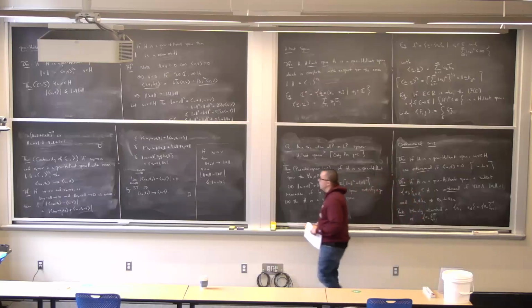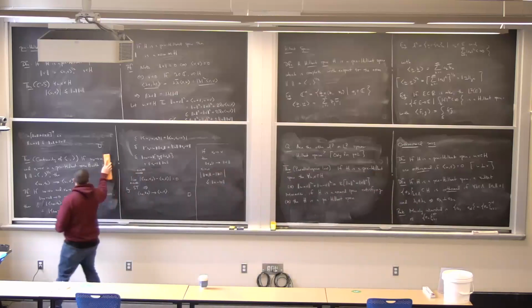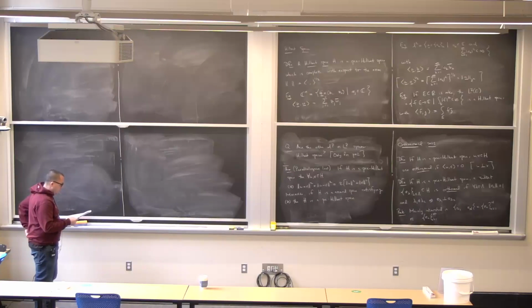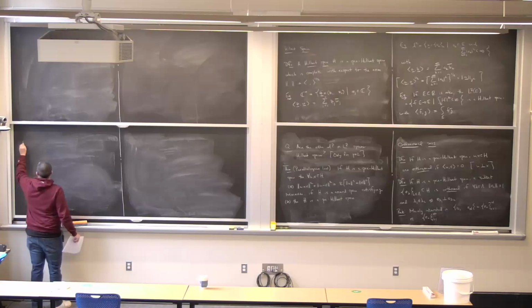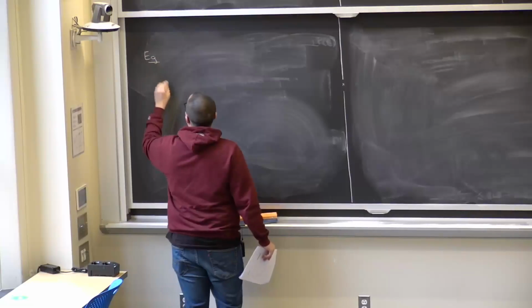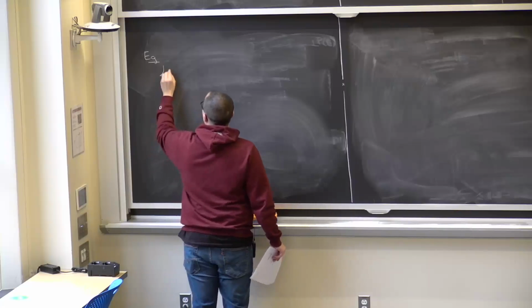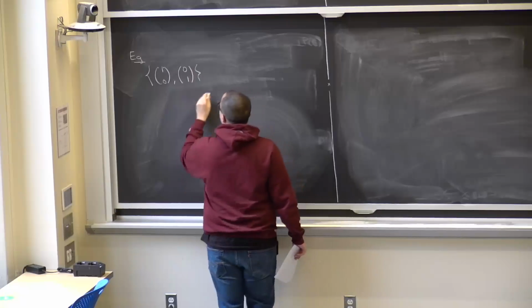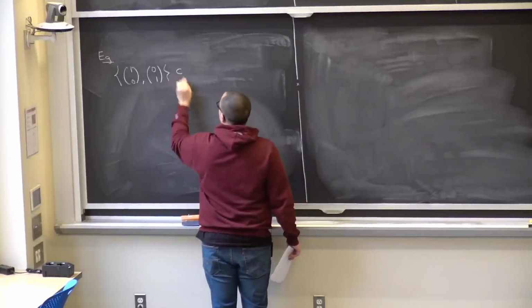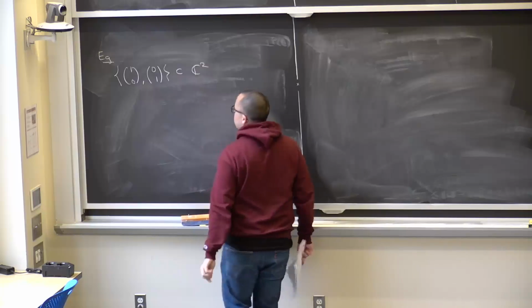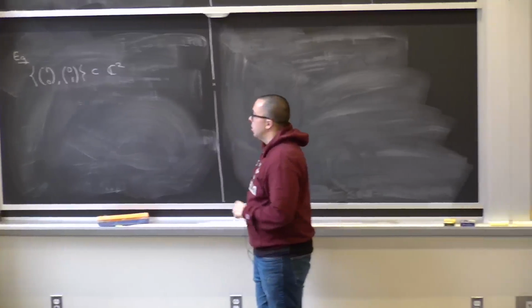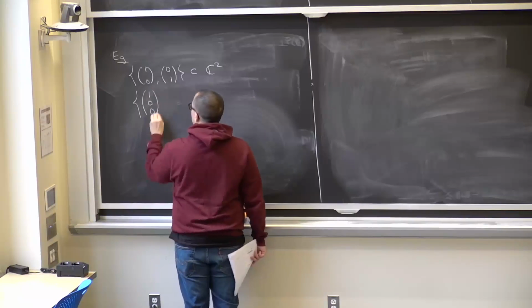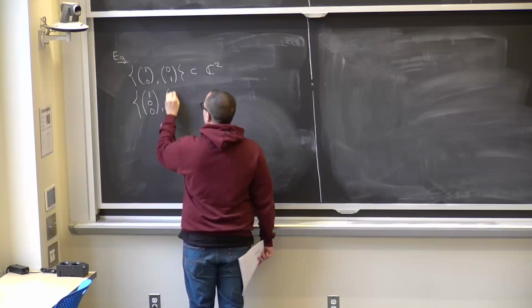So what are some examples? Okay, so simplest examples, if this is an example of an orthonormal subset of C2, or let's say 1.